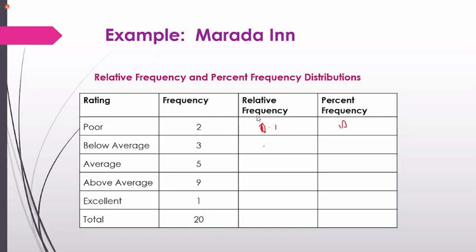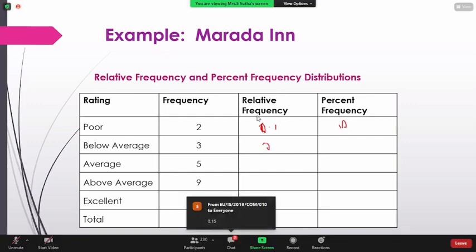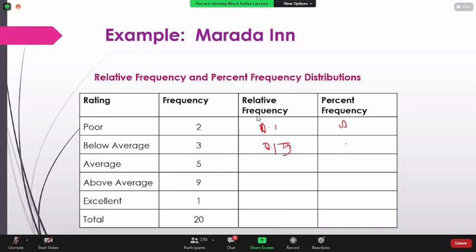Then below average, what is the relative frequency for the class below average? 0.15. And for the percent frequency? 15, right?